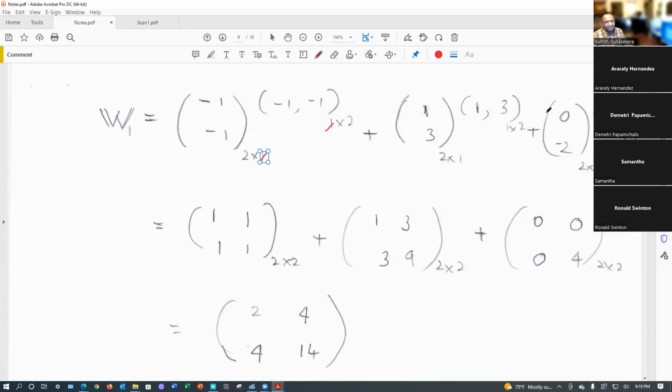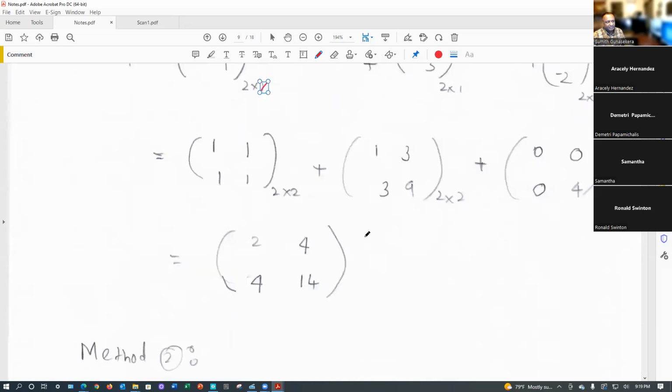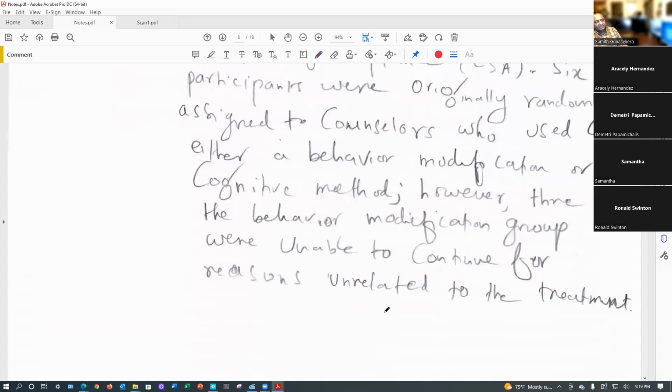Same thing here, first row, first column. Only one entry I have. First row, second column, second row, first column, second row, second column. And then later on, I add these entries. Right there, 2, 4, 4. That's one method. One method you can get this done like that.